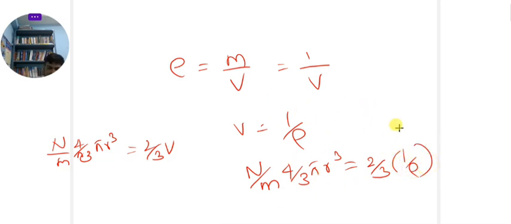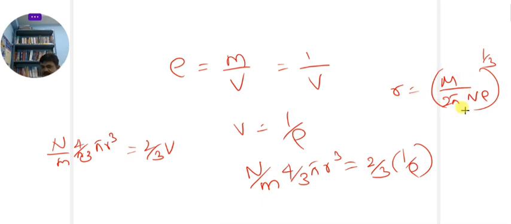Now r can be found: r equals (3M by 8 pi N rho) whole power 1 by 3. r cube remains here, all other factors go to the right side, and after cancelling we get this form.